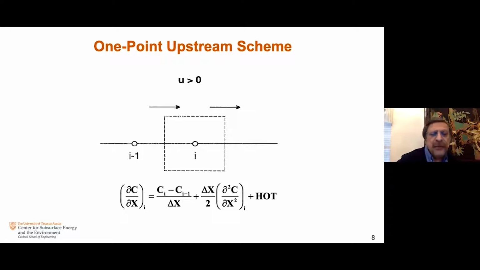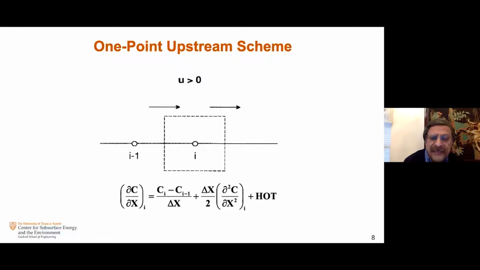Okay, one of the basic methods used for discretization of the first order partial derivative, partial of c with respect to x, is the 1-point upstream weighting, or a backward difference, shown as c sub i minus c sub i minus 1. It's a first order approximation. And this is one of the basic methods that has been used in many of the simulators in the market.